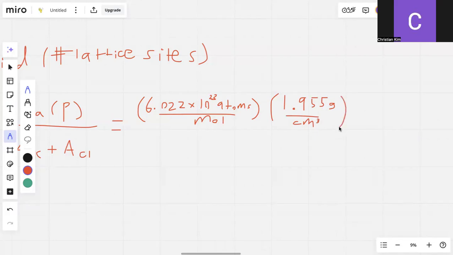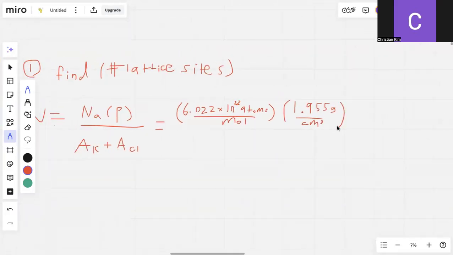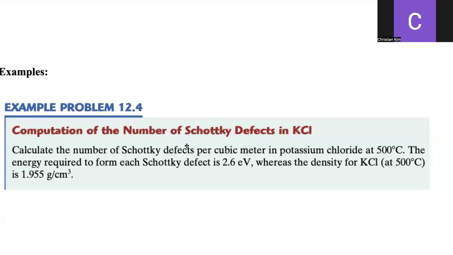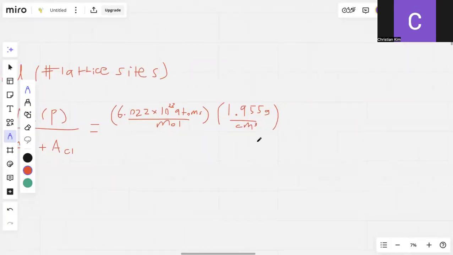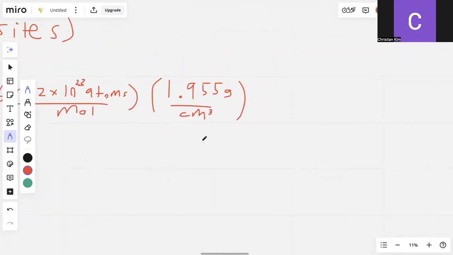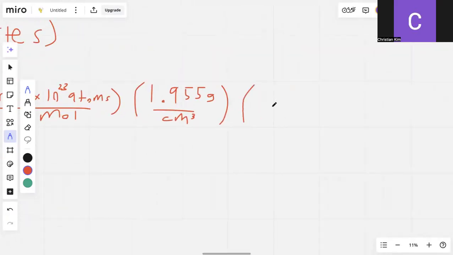However, we cannot leave it in centimeters cubed because it's asking us to find it in per cubic meter. If it asks us to find the number of Schottky defects per centimeter cubed, then we can leave it like that. But we're asked to find it per meter cubed. So we have to use a conversion factor. I know there's going to be 10 to the second, which is just 100 centimeters in 1 meter.